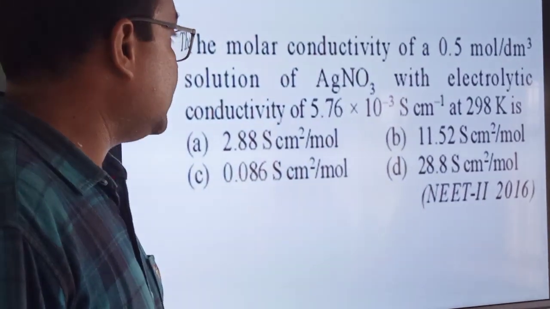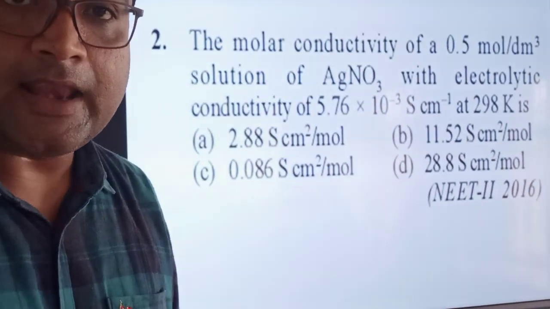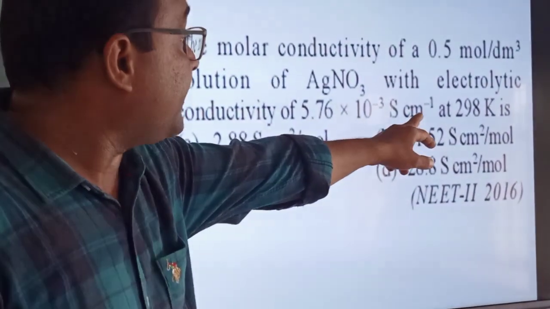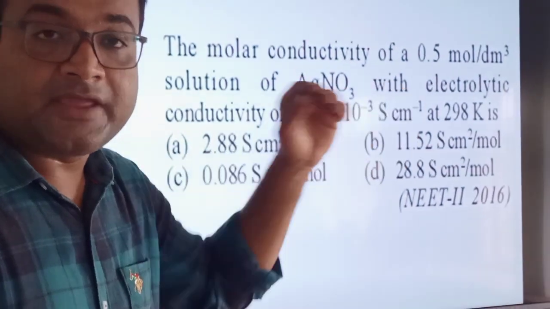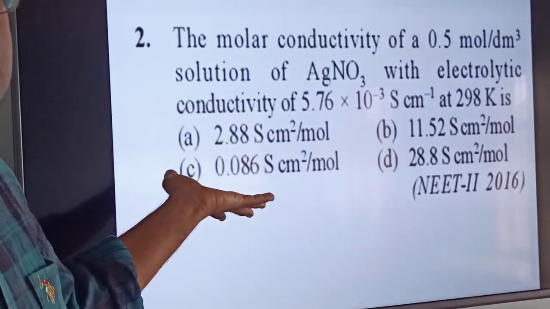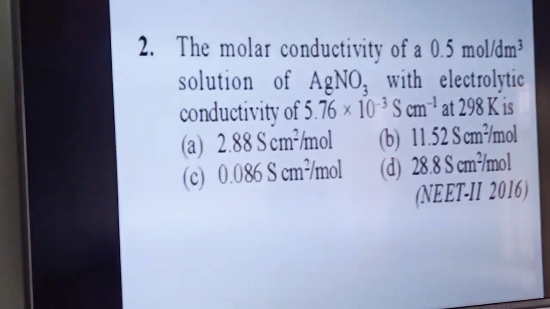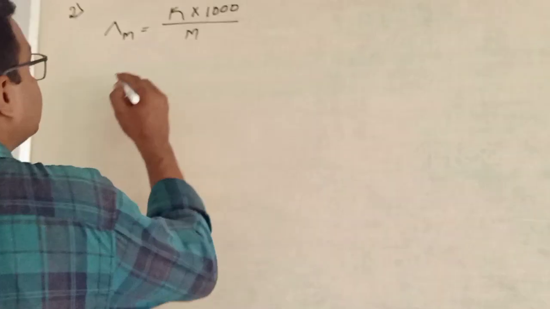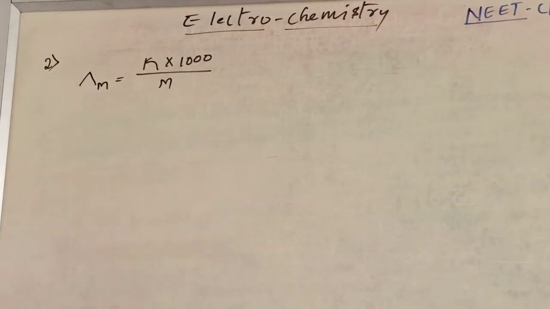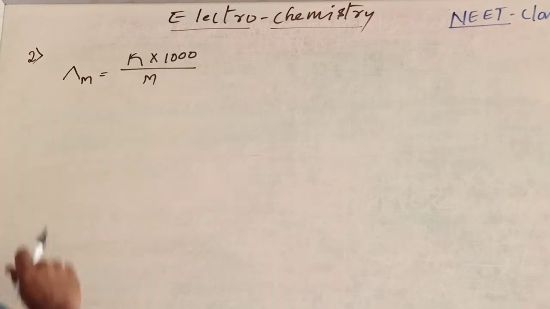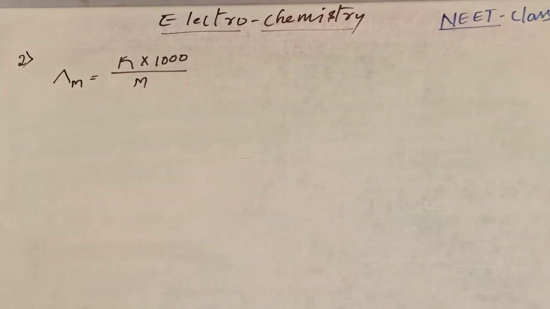power minus 3. Now molar conductivity is lambda m. Then we have a direct formula. It is a direct, direct substitution. Very simple question appeared in the NEET 2016. So the formula which we are going to use is lambda m equals kappa into 1000 by molarity.